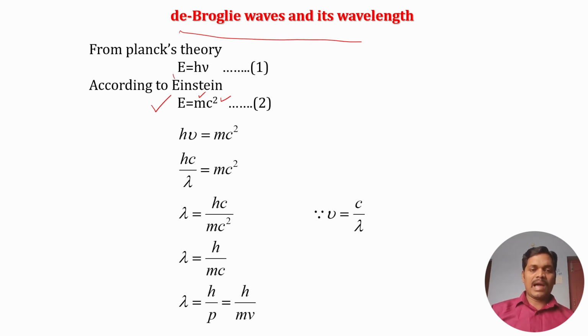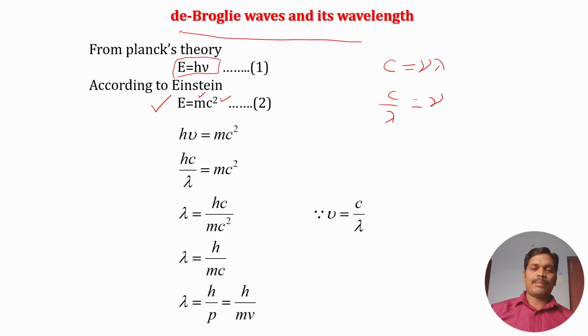And according to Planck, E equal to h nu, where h is the Planck constant and nu is the frequency. The relationship between velocity, frequency and wavelength is c equal to nu lambda. So from this, nu is equal to c by lambda.